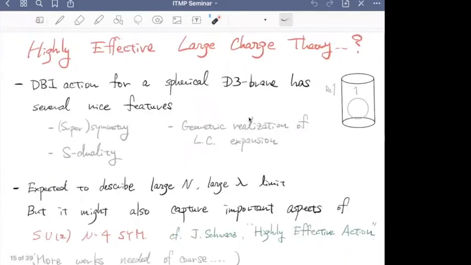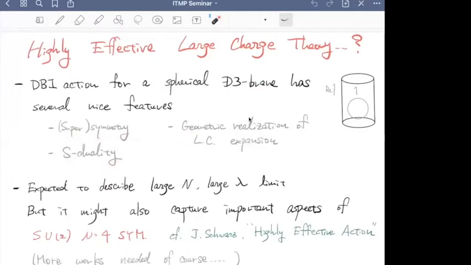But the DBI action for the spherical D3 brane has various nice features that are also true for theories without a large N limit. For example, it realizes the supersymmetry correctly, and it also, as I said, gives the geometric realization of the large charge expansion. And furthermore, it nicely incorporates a manifest S-duality.